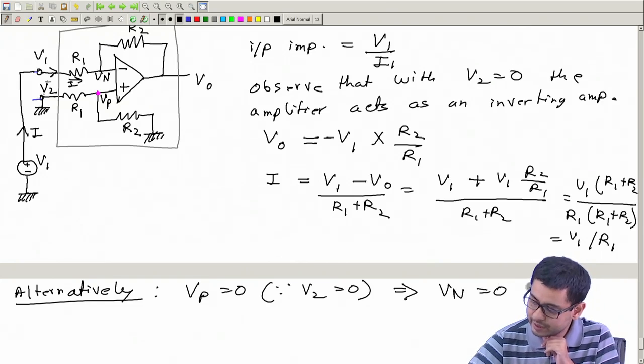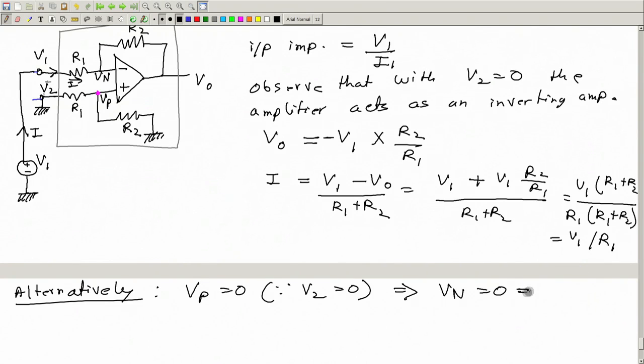So this directly gives I is equal to V1 minus 0 by R1, same as V1 by R1. So this is simpler. Therefore, input impedance is equal to how much?